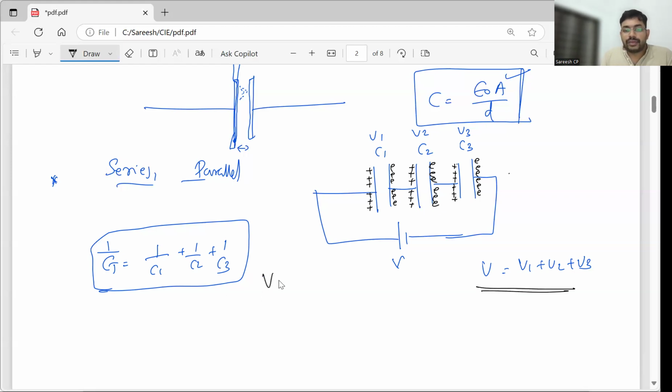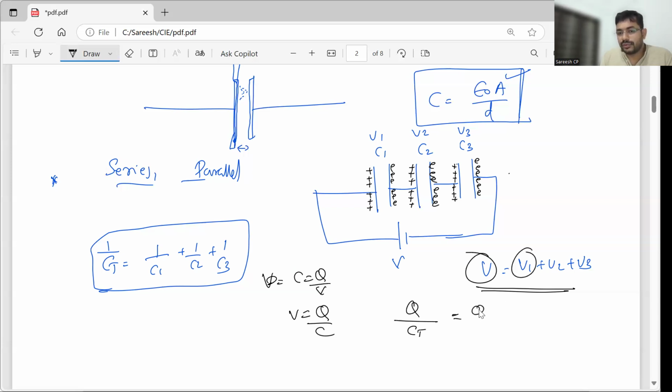That's it. So here we could say V is equal to V1 plus V2 plus V3. And we know that C is equal to Q over V, so V is equal to Q over C. So the total voltage can be written as total charge divided by total capacitance, which is equal to V1 written as Q1 over C1, V2 as Q2 over C2, V3 as Q3 over C3.